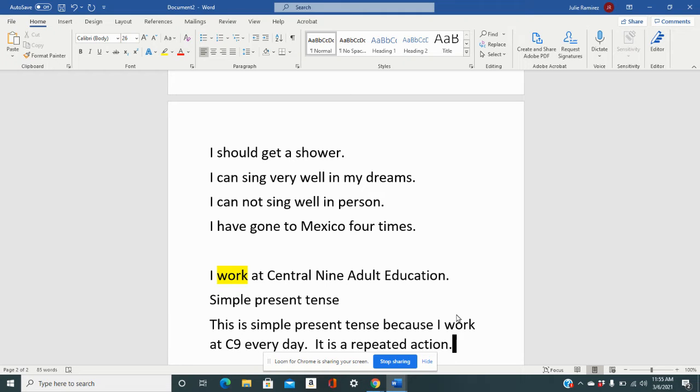So if I meet someone and they say, what do you do for a living? And I could say, I work at Central 9 Adult Education. I'm telling them what I do. I'm not specifying a time. So it's going to be in simple present tense, because it means I work there every day. Okay, or at least most of the days of the week.